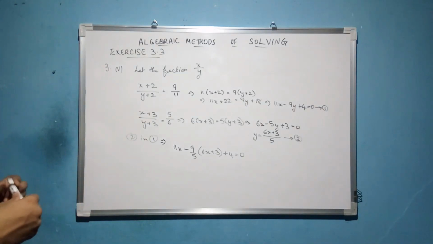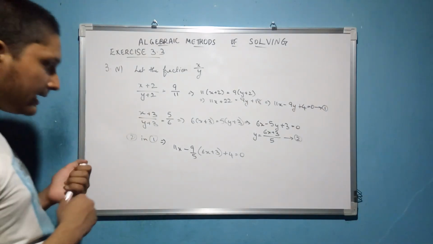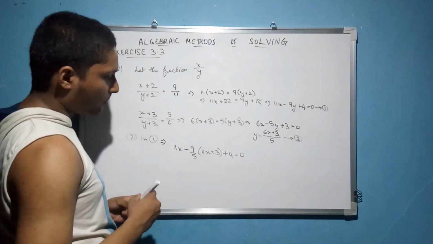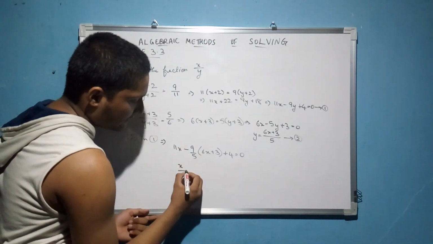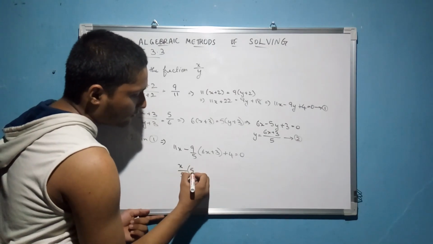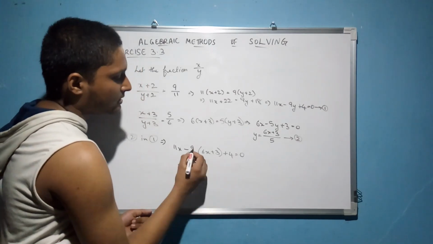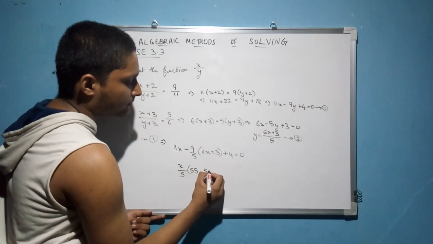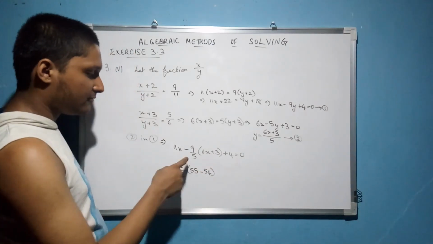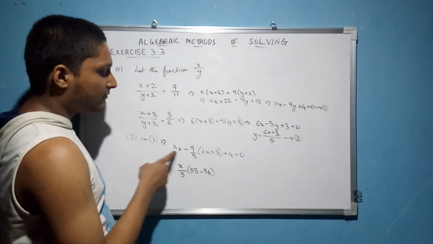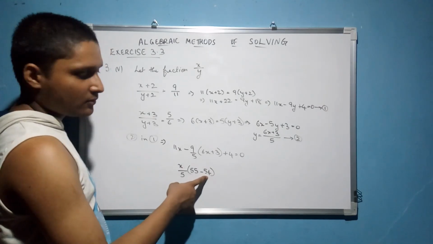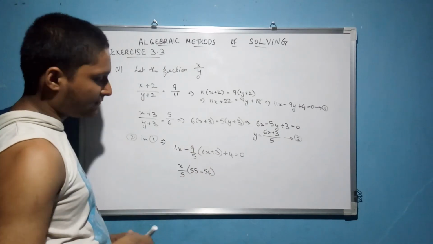First of all, I'll open the bracket, and then take the LCM. It is x divided by 5 into 55 minus 9 into 6, which is 54. I have taken 5 by taking the LCM. This is 5 into 11, that is 55, minus 54, because 9 into 6 is 54.